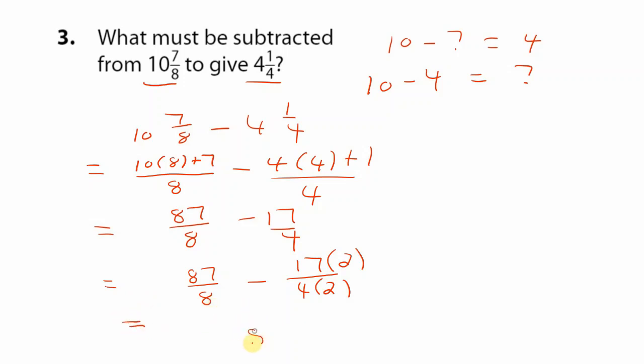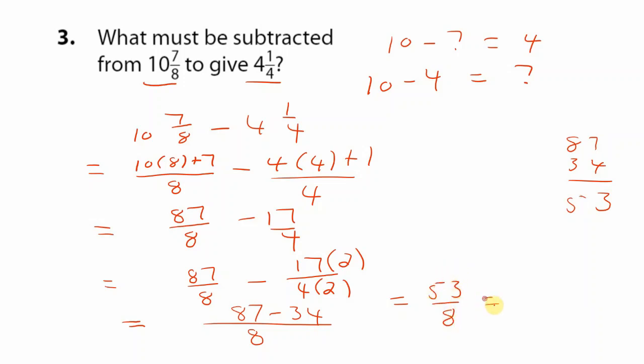So now we have 8 as common, and we have 87. 17 times 2 is 34. So what's 87 minus 34? 7 minus 4 is 3, 8 minus 3 is 5. So it's 53 over 8.